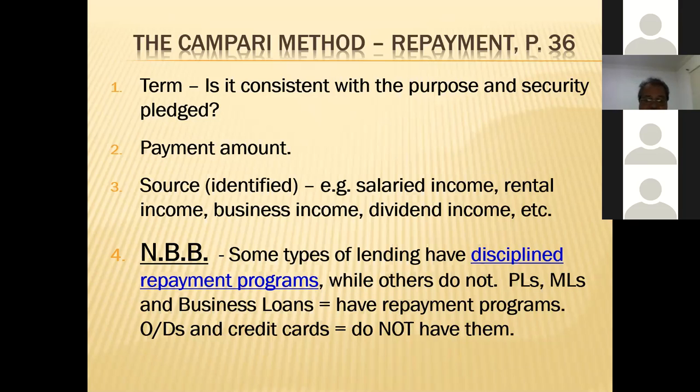Same thing with credit cards. There's no set payment. The financial institutions are really looking for the minimum payment, and the minimum payment is based on the outstanding credit card balance.